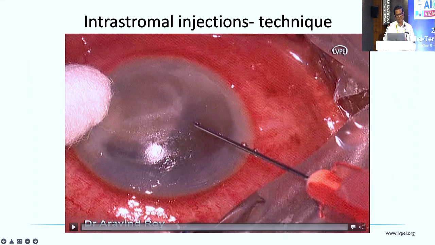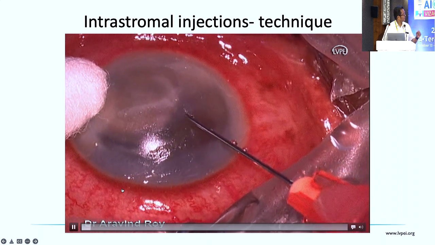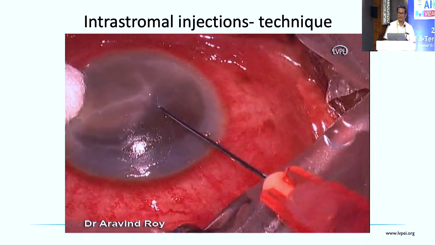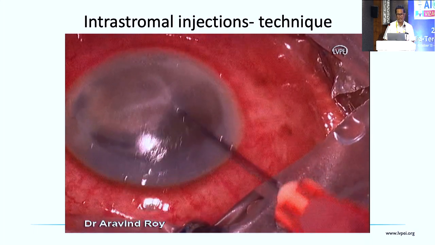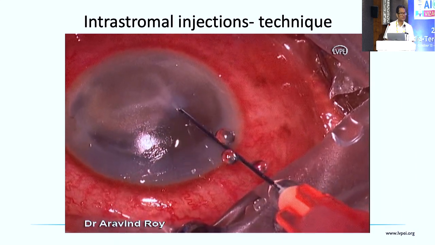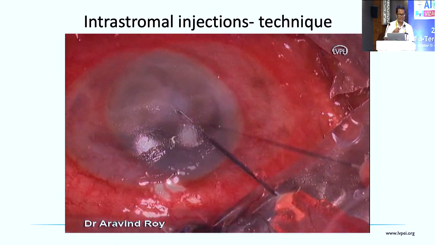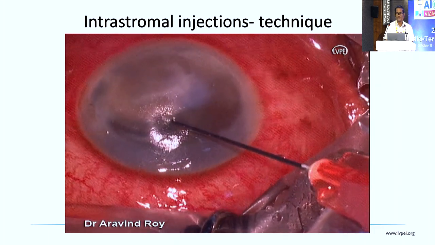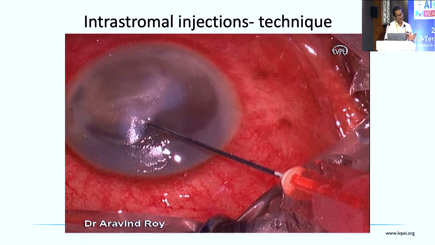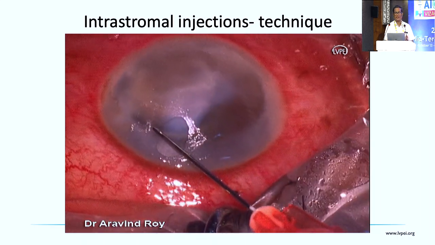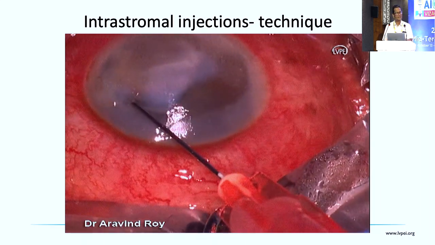Intrastromal injections continue to be important. It involves using a bolus of drug, typically antifungal, which is injected up to the mid-stromal level, and a barrage is created around a deep lesion inside the corneal stroma. There are reports which say that this is helpful, and reports which say that this is not helpful.